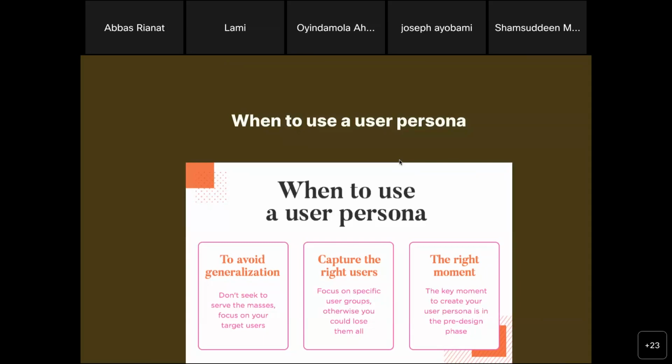That is when to use a user persona. So the time to create a user persona is before the design begins, not after. The time to use this user persona is during the design stage, not in the development stage. That is when to use it.